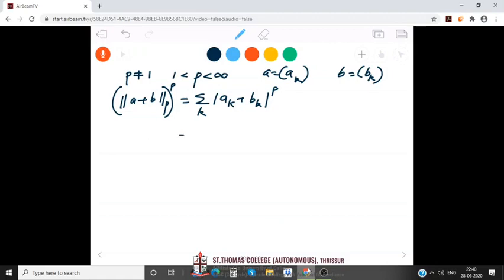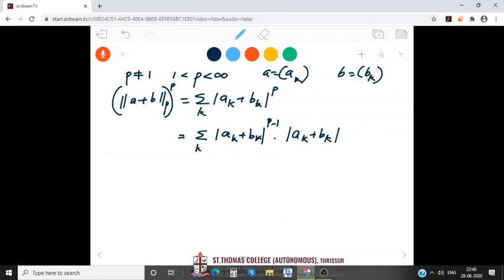So I can write this as summation over K absolute value of AK plus BK to the power P minus 1, product with absolute value of AK plus BK.